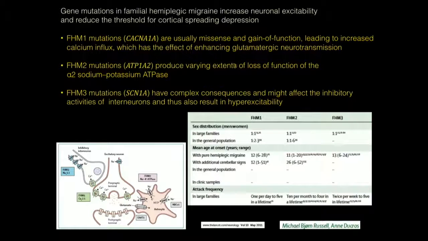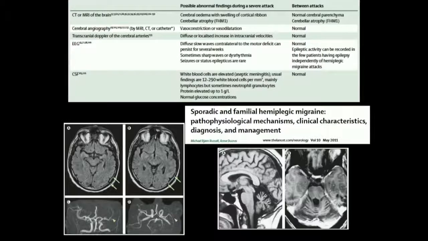Then we have mutations in the ATP1A2 gene, which produce variable extents of loss of function of the alpha 2 sodium potassium ATPase, and some studies have been carried on. These patients have usually nothing interictally, but ictally some alterations have been inconsistently found in angiographic studies, for example, in MRI studies. But this is something very difficult to perform.